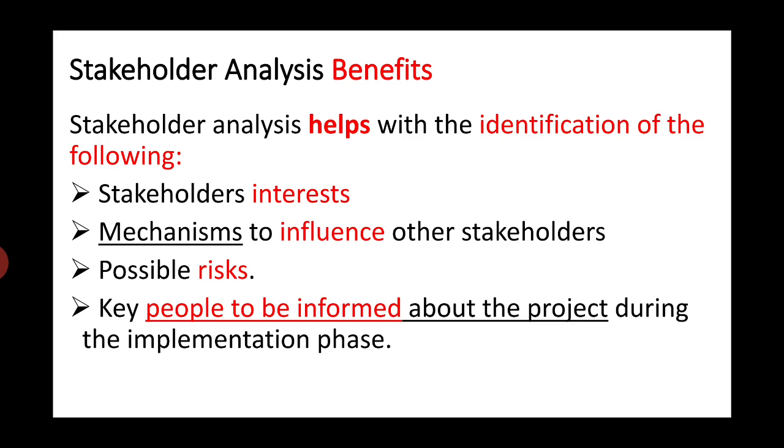And the last one, key people to be informed about the project during the implementation phase. Do you remember? At the beginning earlier we said, part of that, stakeholders need to be informed about a certain project, either once at the beginning of the stage or throughout. Depends on the project, depends on the type of stakeholder.